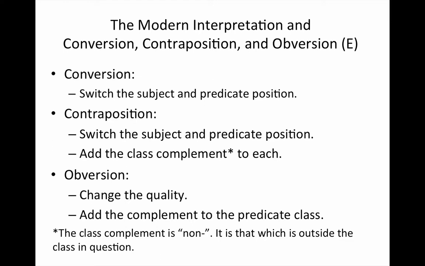internally manipulate a given proposition. And the result is conversion, contraposition, and obversion. I do want to point out that it might be worth thinking about conversion and contraposition as mirroring each other. So conversion is going to be valid for two claim types, E and I, and contraposition is going to be valid for two claim types, A and O. The reason why I mention this is because most of us find that the contrapositive of a claim is very peculiar.